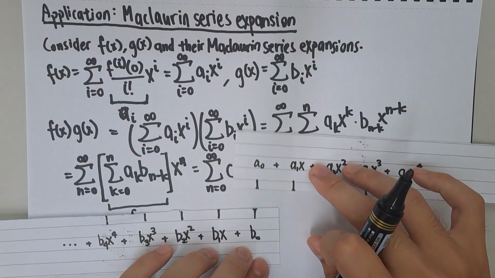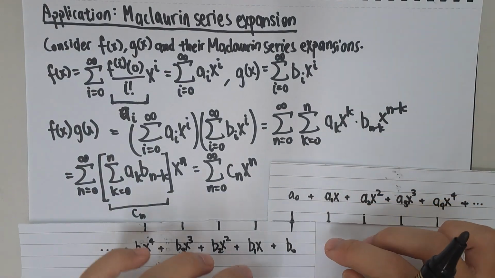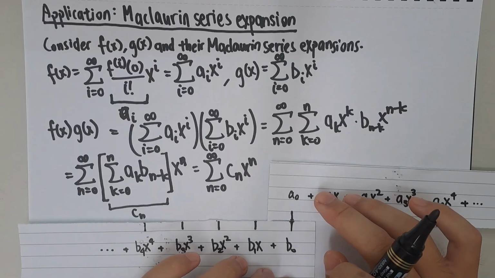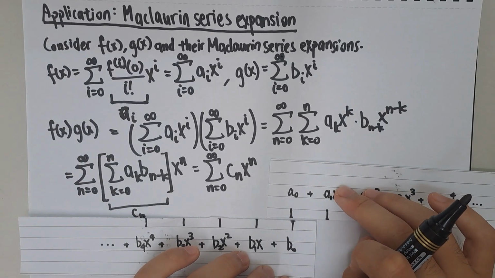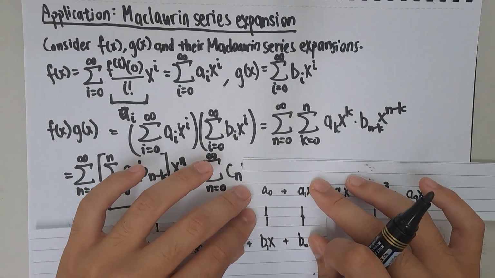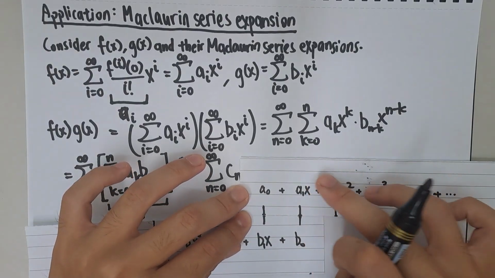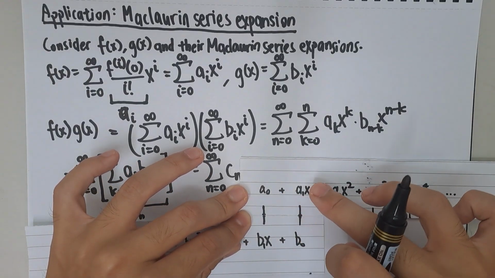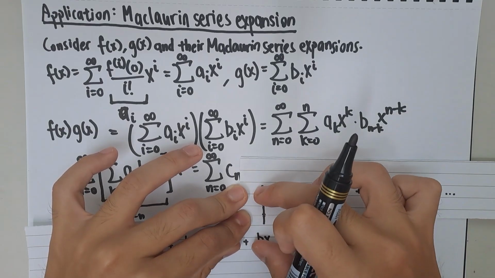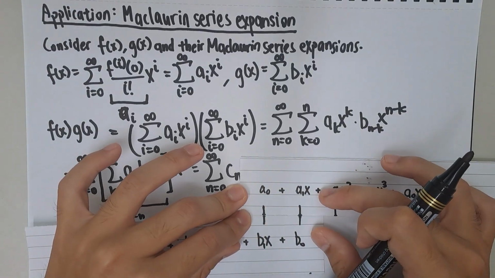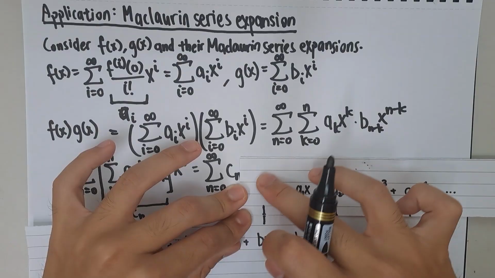First is a sub 0 times b sub 0. By multiplying a sub 0 with b sub 0, we get the constant term. And if we slide it once, we have this. If we multiply these two and multiply these two and sum them, we get the x terms.